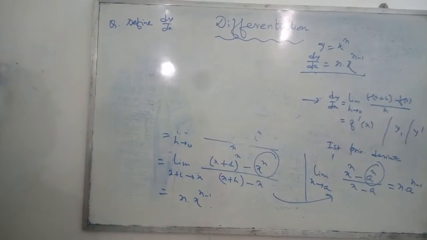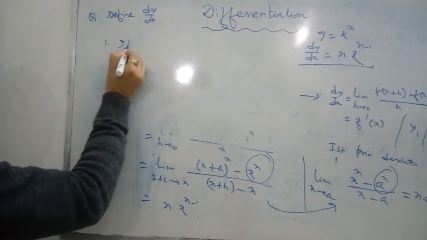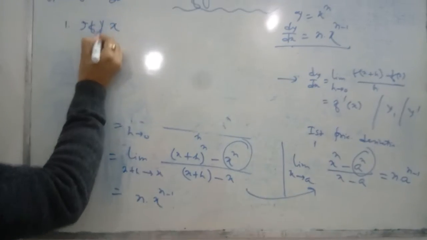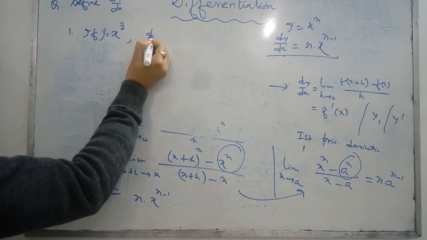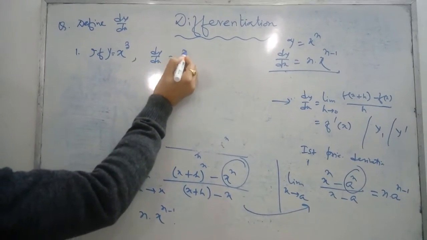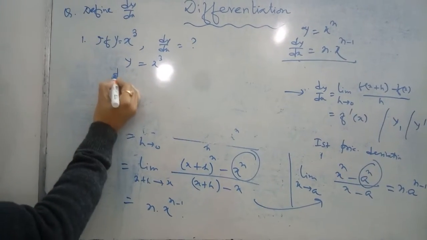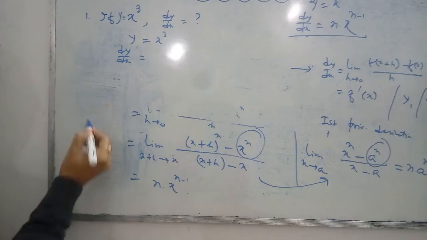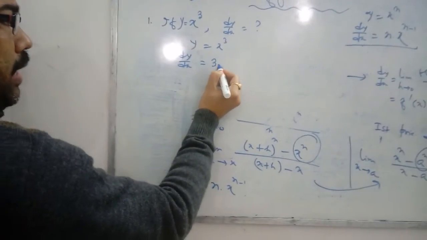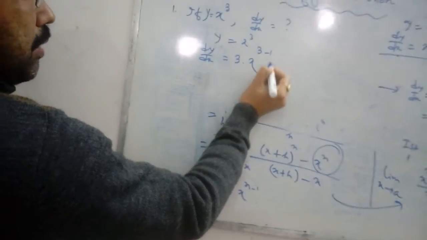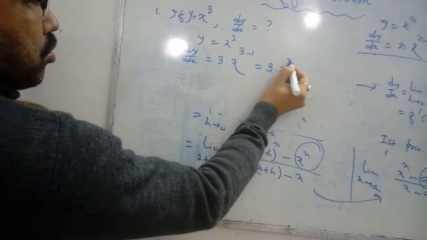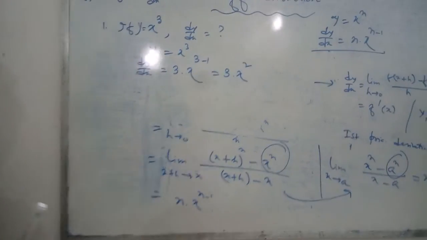Example 1. If y is equal to x cube, what is dy/dx? Now dy/dx is equal to 3x to the power 3 minus 1, that is 3x square.